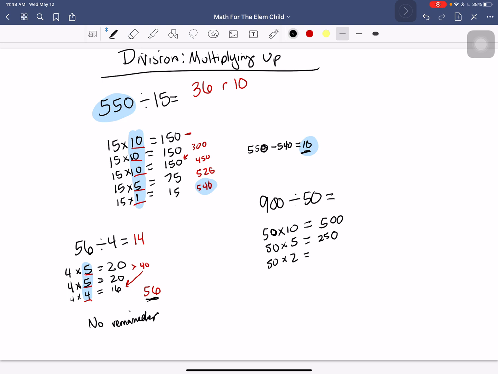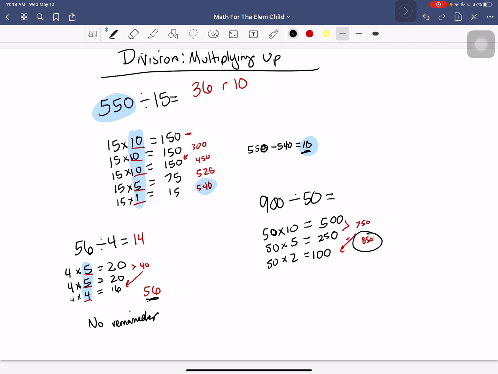So let's go a smaller number again. And let's do, bring the 0 over, 5 times 2, 100. So now we are at 500 plus 250, 750. And then 100, we have 850. We are 50 away from 900.